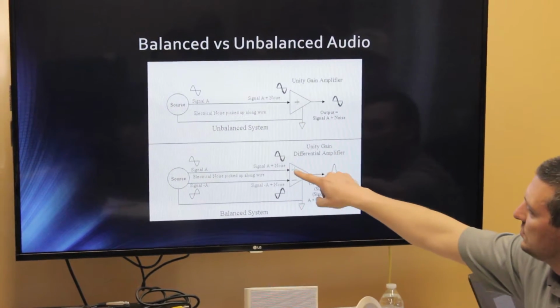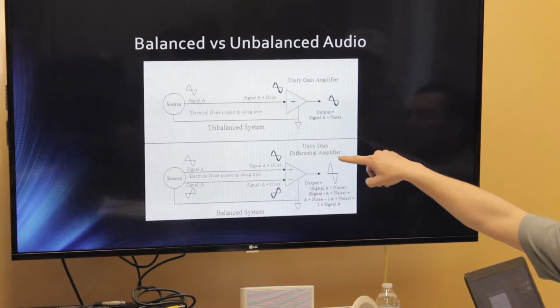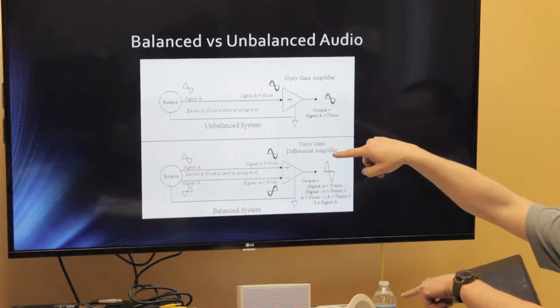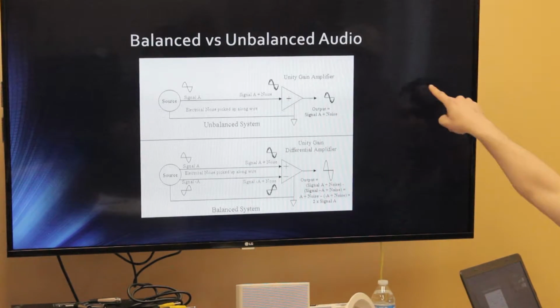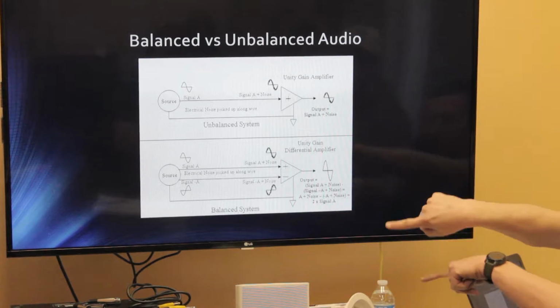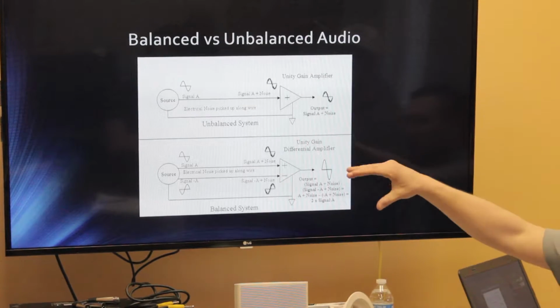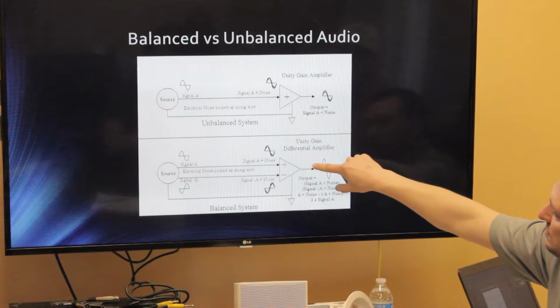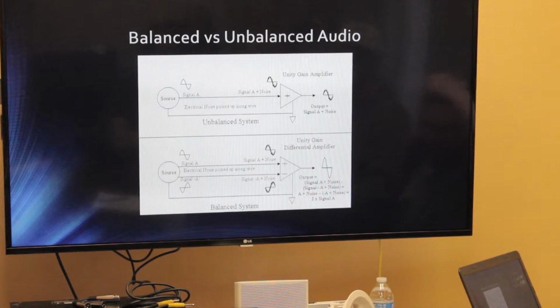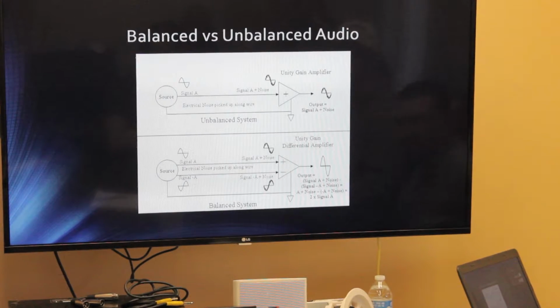But when you have a balanced line, you have the positive and negative. So they kind of equal each other out, and it sends the opposite feed down the line, and then it unites at the actual connector to get rid of the noise.